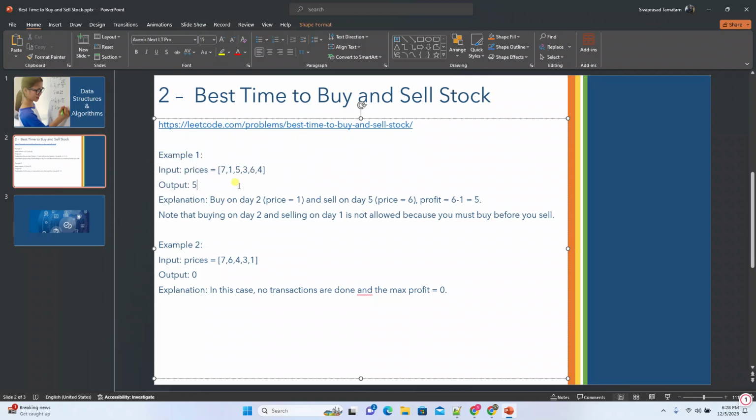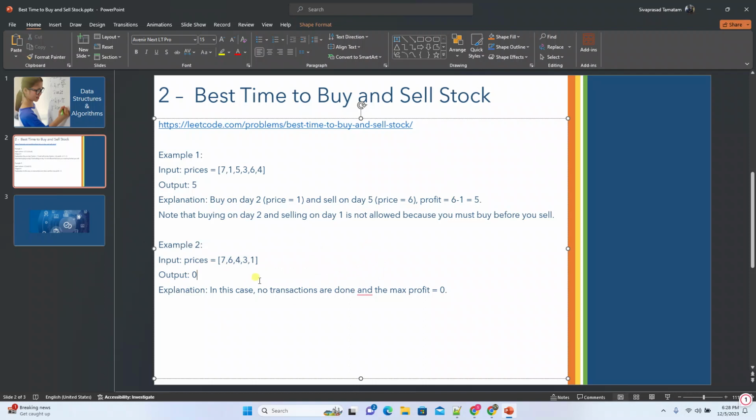That's why 5 is the maximum profit for this input. Similarly, in the second example, the prices keep going down, so you can't buy on any day and get a profit. Because of that, we return 0 here.